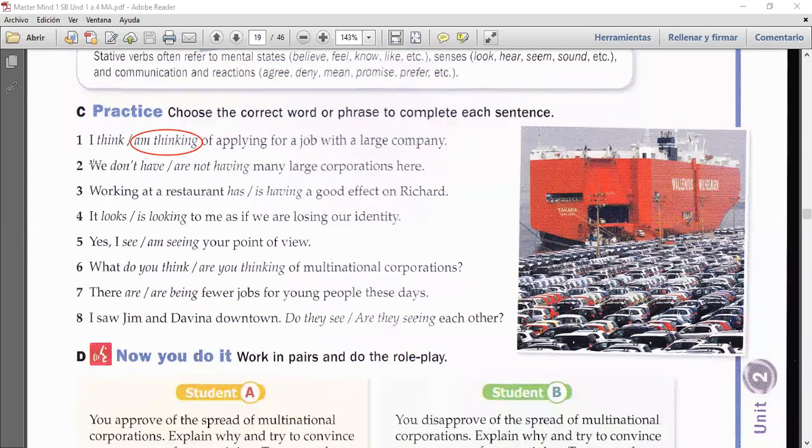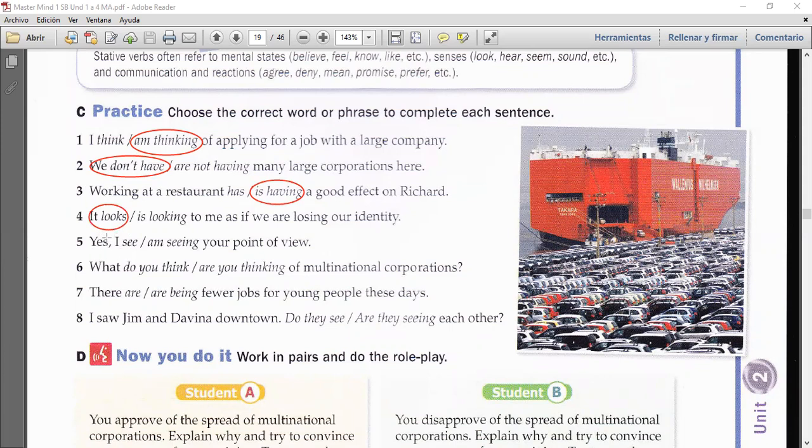Number two, we don't have many large corporations here. Number three, working at the restaurant is having a good effect on Richard. Four, it looks to me as if we are losing our identity.